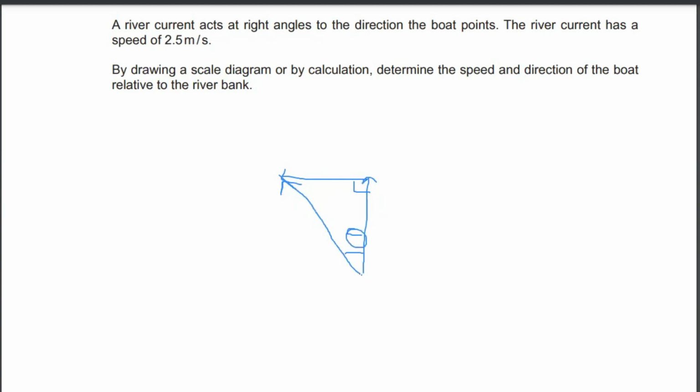First of all, what we want to calculate is the speed of the boat relative to the river bank. As it is a right angle triangle, we can use Pythagoras theorem. Let's say c squared is equal to a squared plus b squared. In this case, a squared is the speed of the boat and b squared is the speed of the water.